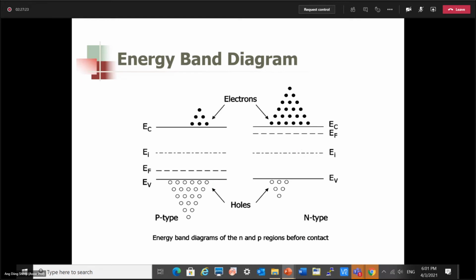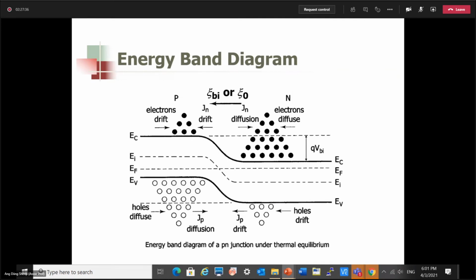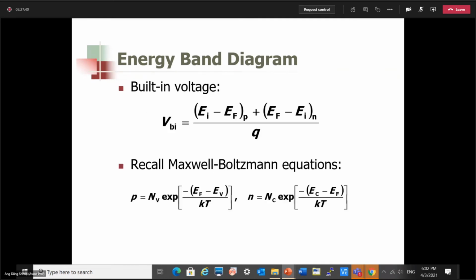All right, why it is important to know the position of the Fermi level in the band diagram, because you can use this knowledge to analyze a semiconductor device, such as a PN junction. Okay, so with this understanding, therefore, we can evaluate the built-in voltage like this. I'm just equating this to the initial difference between the two Fermi levels.